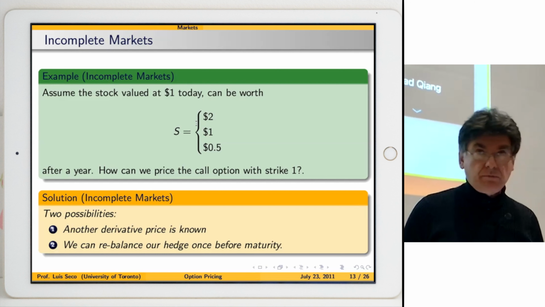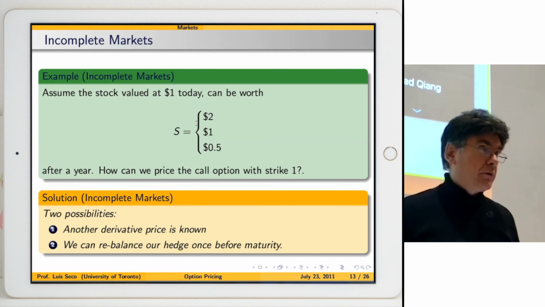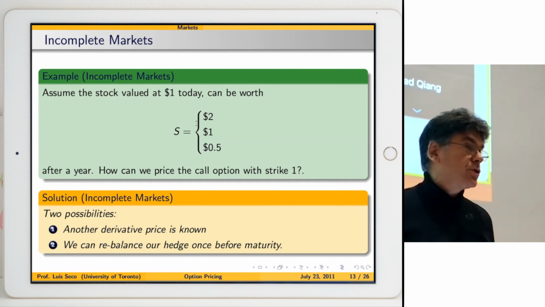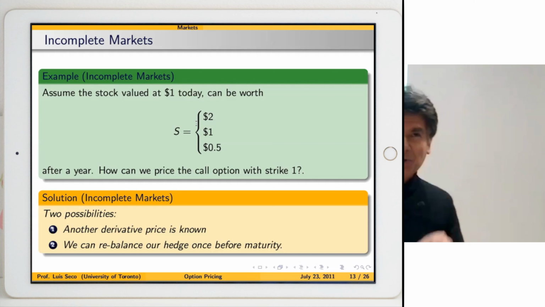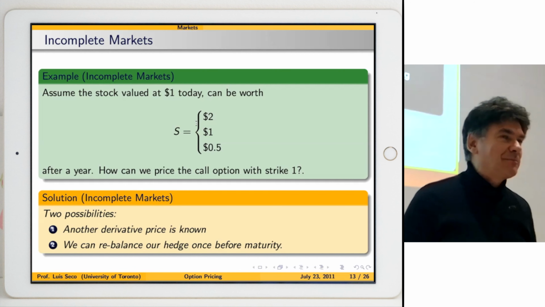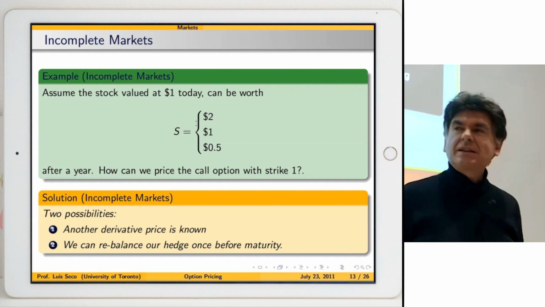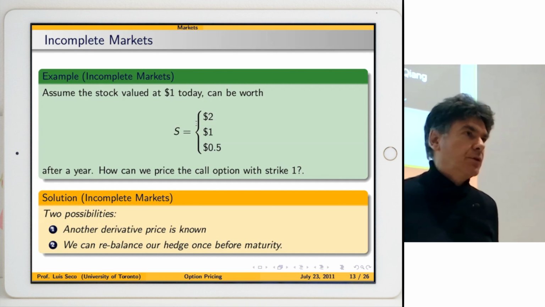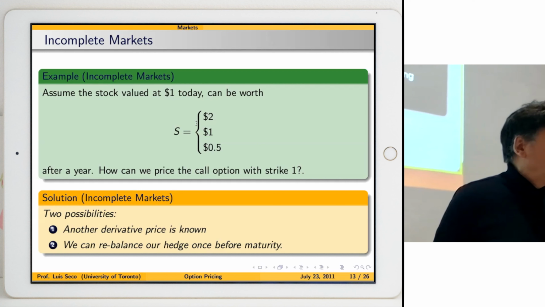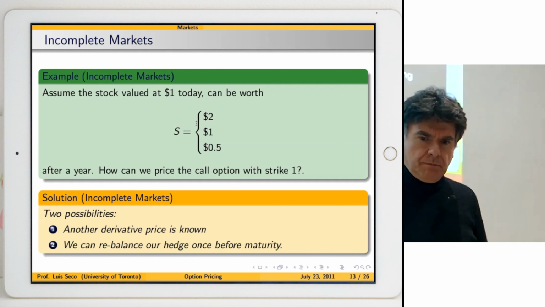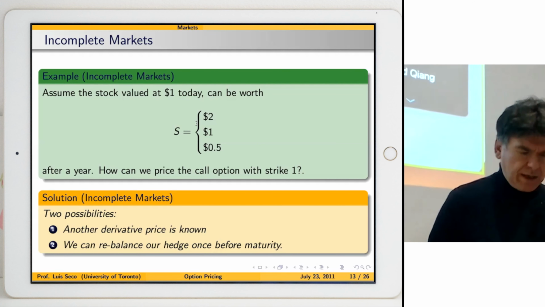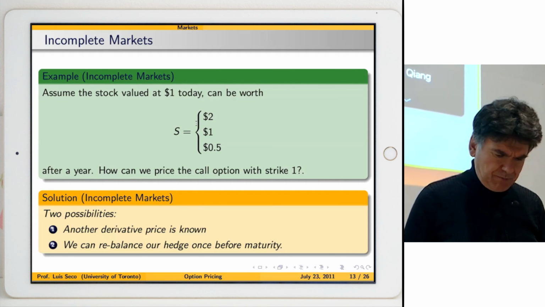Not 2, but 3. We agree that 2 is very restrictive, right? Most stocks can take more than 2 future values. Let's say they can take 3: 2, a half, or stay the same. I introduce a third scenario for the stock. What would the price of my option be?